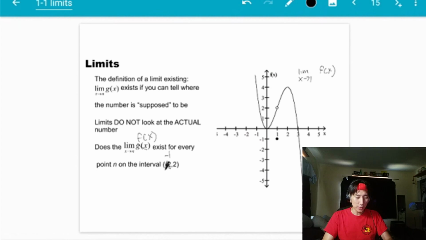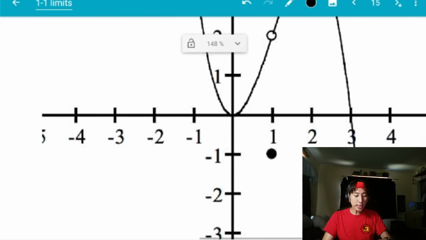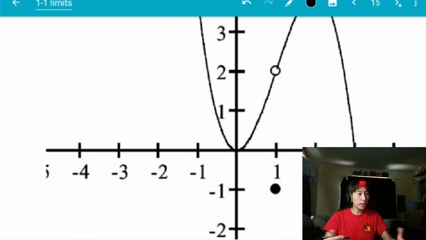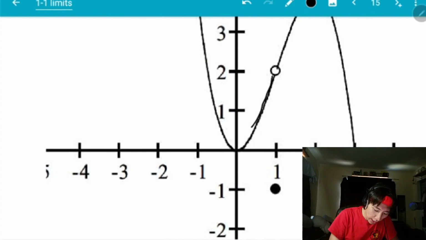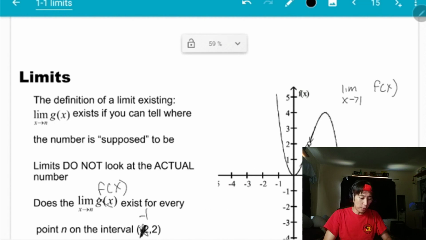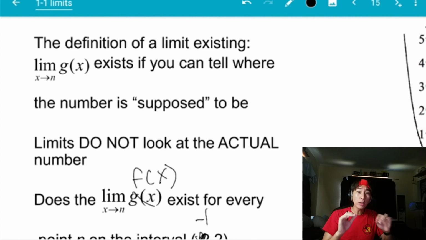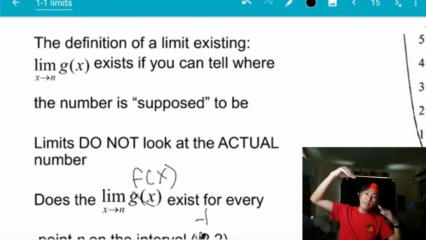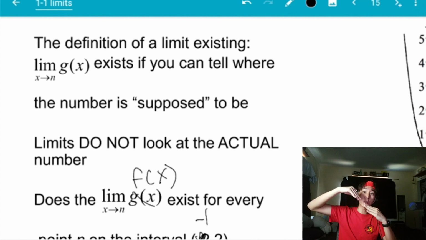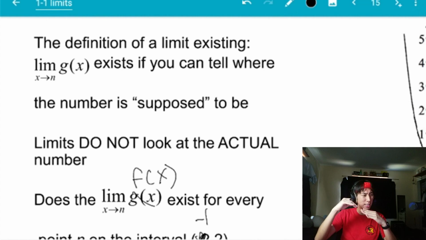But when you're doing this, it really doesn't matter, because what limits are saying is, coming from the left, what's it getting close to? Coming from the right, what's it getting close to? Limits don't actually look at the number. The goal of limits isn't to figure out what f of 1 is. It's saying from the left and the right, what number am I heading closer towards? Does that kind of make sense?